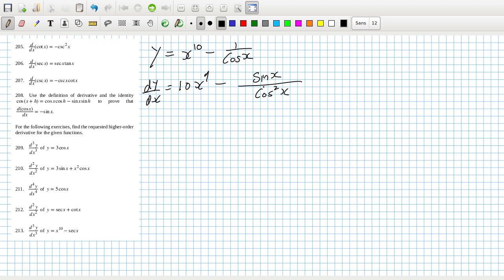Sec tan. Second derivative, 90 x power 8 minus the bottom squared, the bottom times the derivative of the top, so that makes it a cube then, minus the top, which is sine x, times the derivative of the bottom, which is 2 cos minus sine.